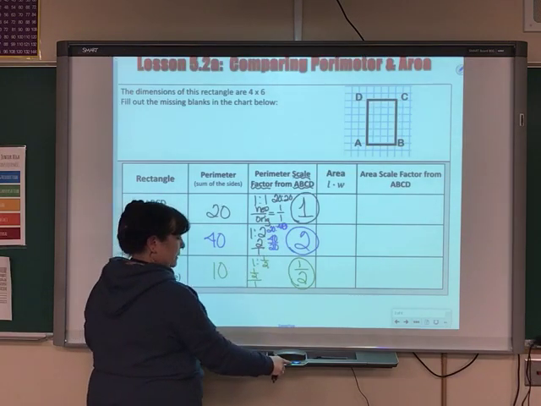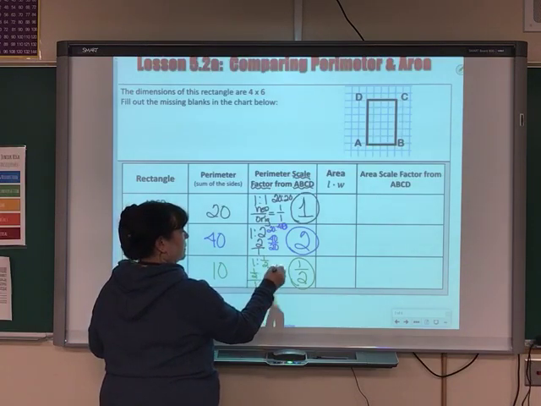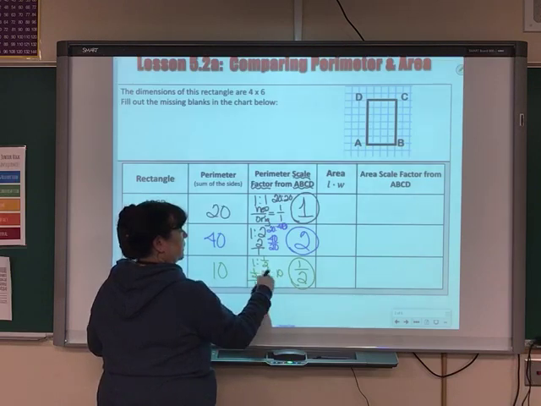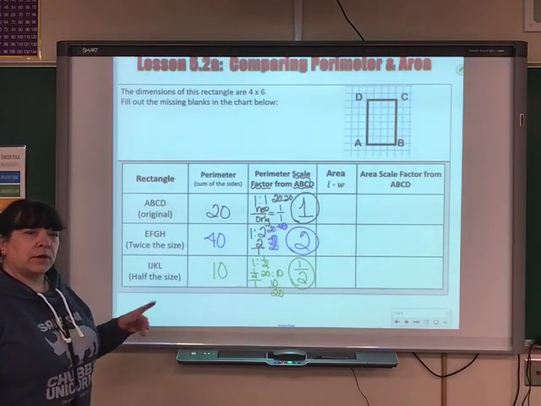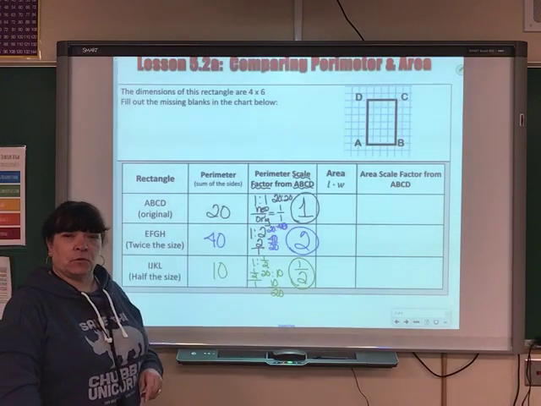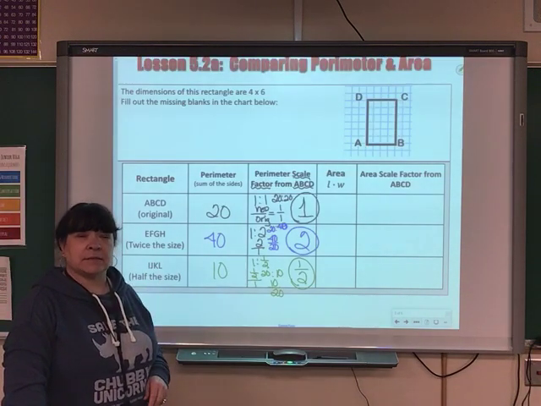If I did this, it would be 10 as the new and 20 as the old. If I write it in fraction form, it's 10 to 20, which is 1/2. We can see that it still works even with perimeter, the same as what it was with the sides.